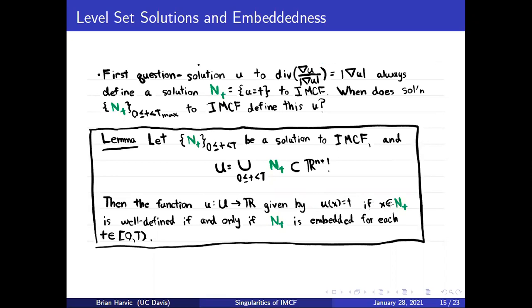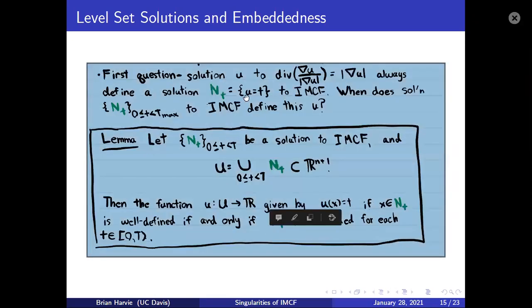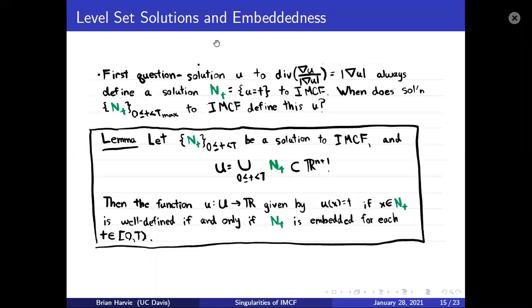So what I was able to show with just elementary flow properties is that the function u will be well defined as long as each N_t is an embedded surface. So if you start with a solution u to this problem, its level sets will automatically be embedded. But what I showed is that if each flow surface to a classical solution is embedded, you can always define a solution to this problem, conversely.